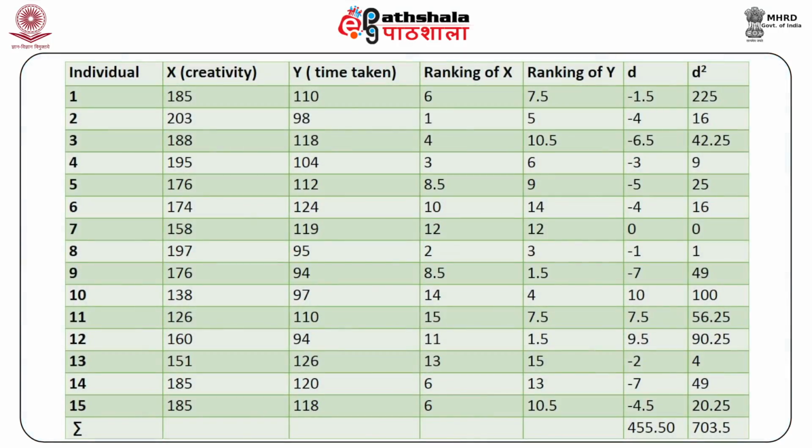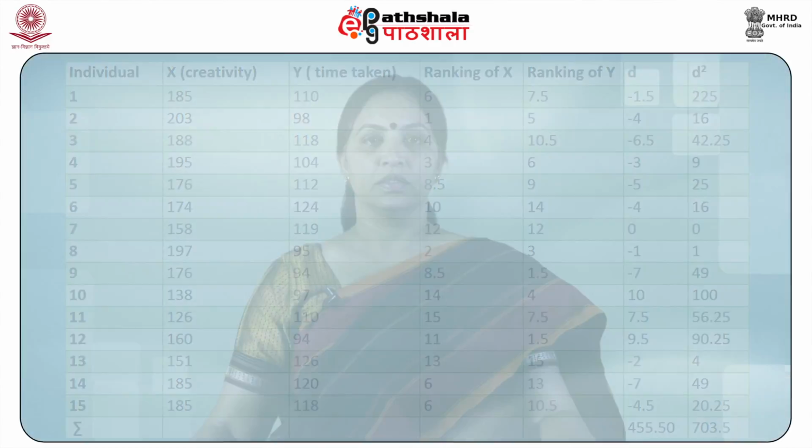Table 2 shows the scores obtained by the subjects on creativity and time taken to finish a story. The individuals explored are given in column 1. Column 2 is the creativity score, column 3 the time taken, and the rankings and differences are given in subsequent columns.